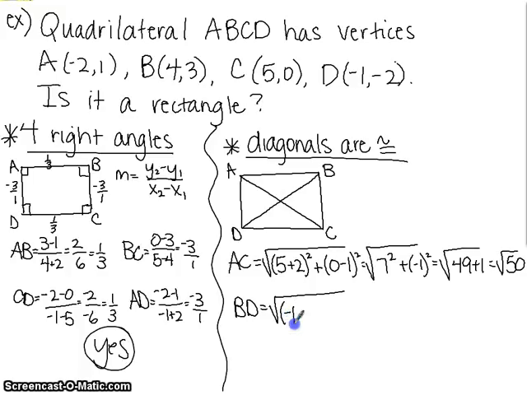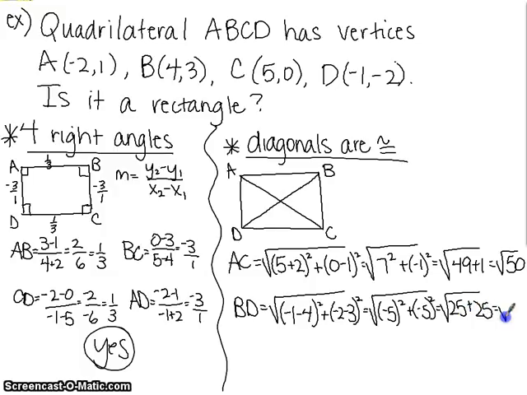Negative 1 minus 4 squared plus negative 2 minus 3 squared. Things are looking good. We have negative 5 squared, negative 5 squared, 25 and 25. We just did it again.